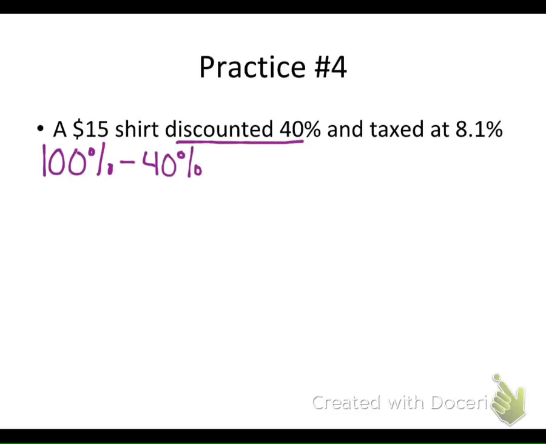Okay, so I'm going to worry about this percent change first. So 100% minus 40% is 60%. Okay. So that's step 1, step 2. Step 3, change the percent to a decimal. I do that by dividing by 100, which equals 0.6. This number is called my multiplier. It's my first multiplier, so I'm going to circle it. I need to keep track of where that multiplier is.